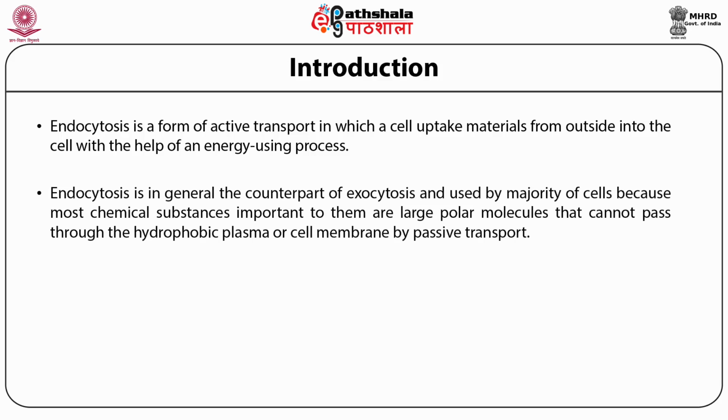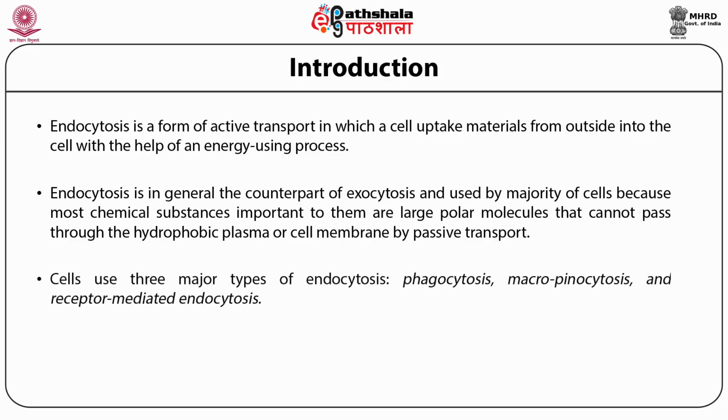Endocytosis is, in general, the counterpart of exocytosis and is used by the majority of cells because most chemical substances important to them are large polar molecules that cannot pass through the hydrophobic plasma membrane by passive transport. Cells use three major types of endocytosis processes, namely phagocytosis, macropinocytosis, and lastly, receptor-mediated endocytosis.